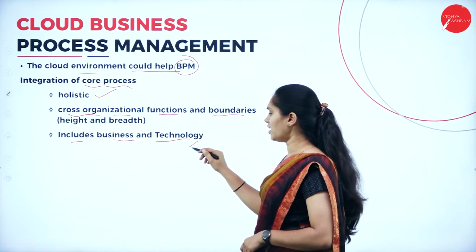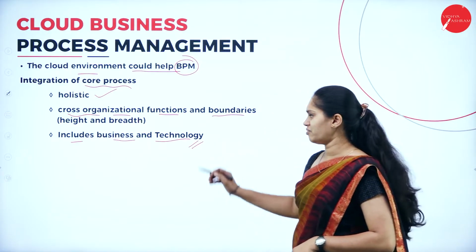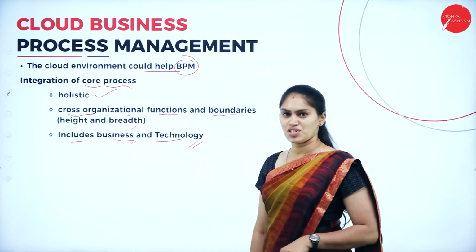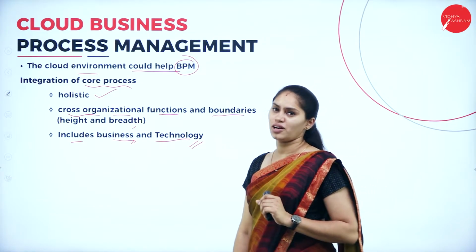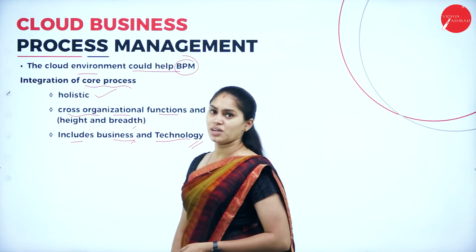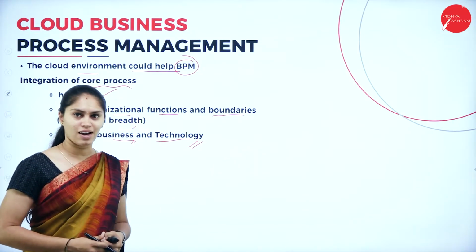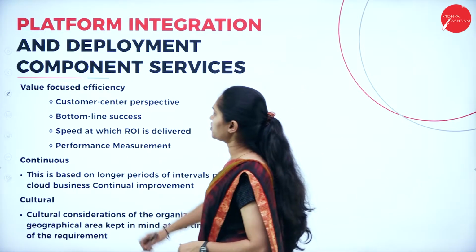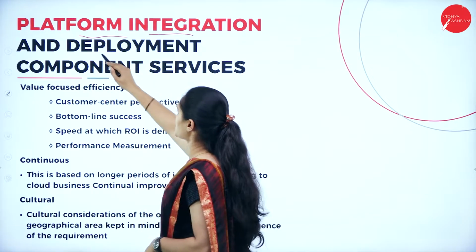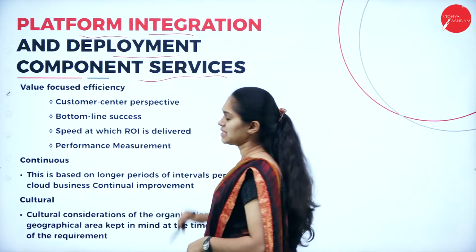So, if you have an efficient technology, or if you are running a business in an efficient manner, that also helps in having the best management of the business processes with the help of cloud. We'll see now how we are going to have platform integration and deployment component services.